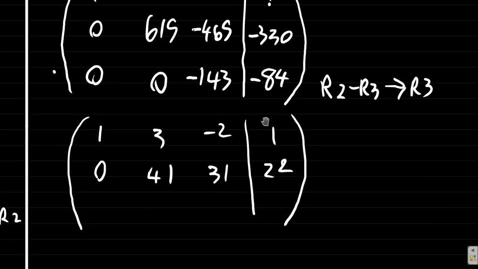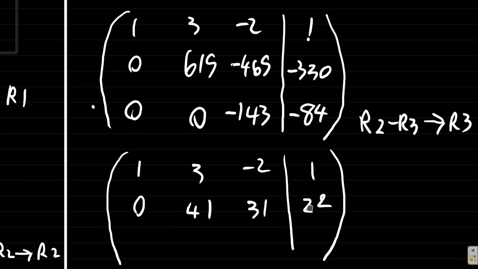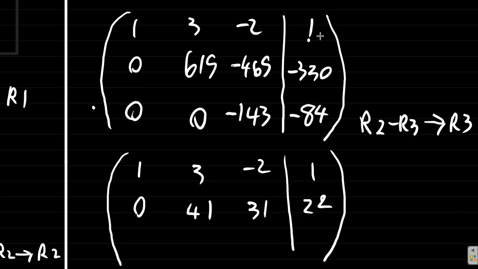Alright, so I cleaned up all of those mistakes. Well, this looks like an exclamation sign. It should be 1. Alright, so here now, we keep row 1 as it is. We say row 2 divided by, what was it, 15 again? 615 over 15 gives us 41, good.